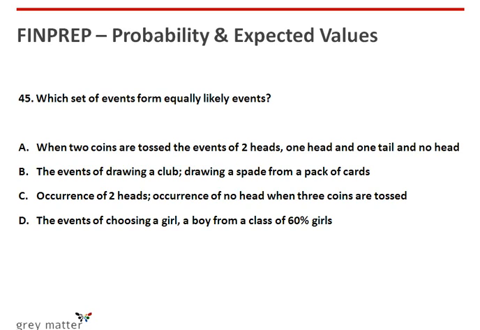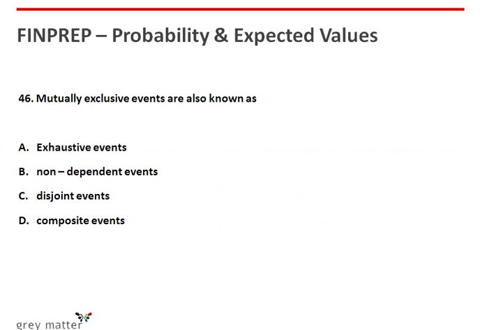Both will not have the same probability. So the only option is the event of drawing a club, drawing a spade from a pack of cards. So it is the B option, or as given in our PowerPoint, it is the event of drawing a club or drawing a spade from a pack of cards. So B option.